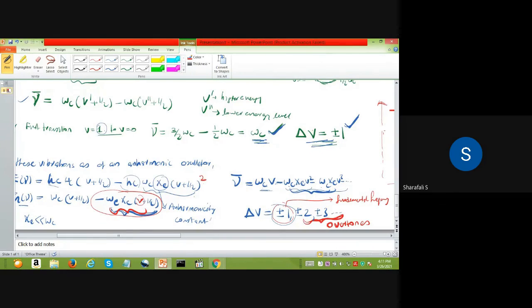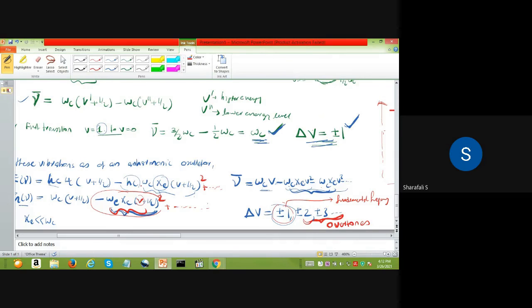There should be one square here: v plus half square, plus etc. Here also I have that square term. This will be plus higher terms, and this is also v plus half square. That's why it comes as v square, v cube, etc. So additional terms also will come.